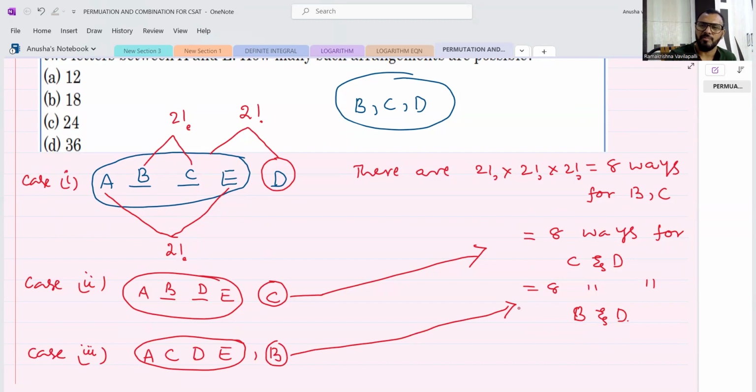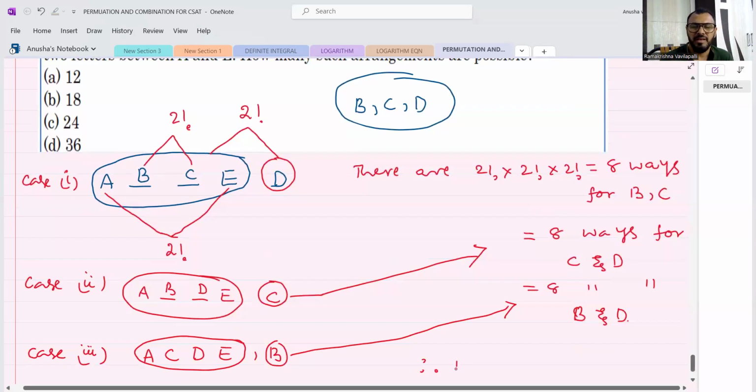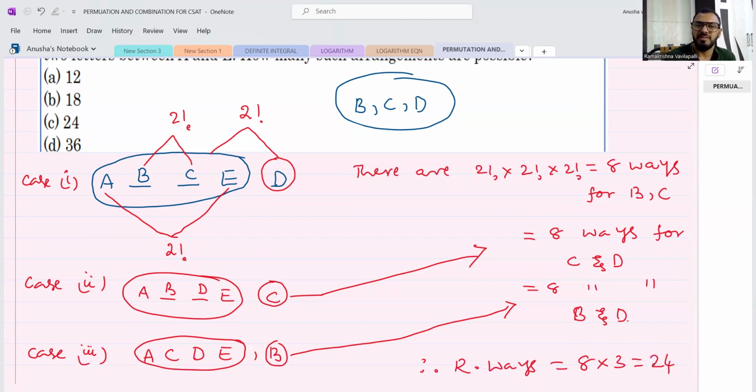Whatever number of ways obtained in the first case, the same number we can obtain in case 2 and case 3. So the required number of ways is 8 into 3, that is 24 ways.